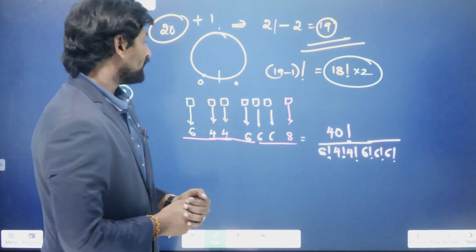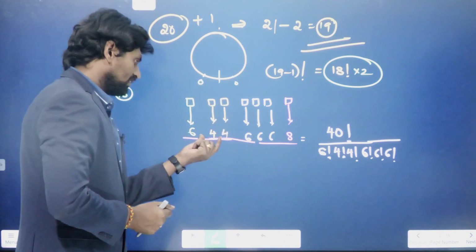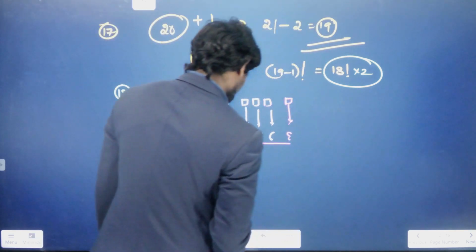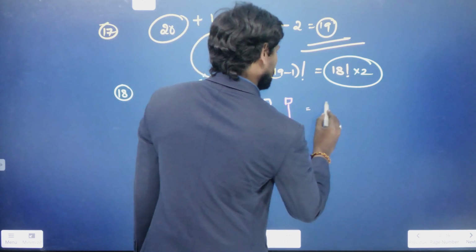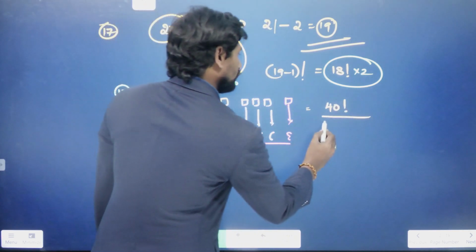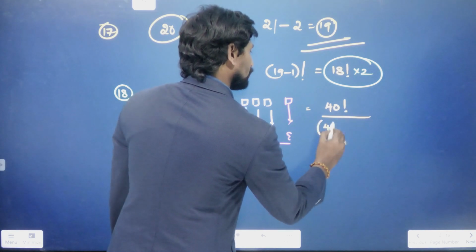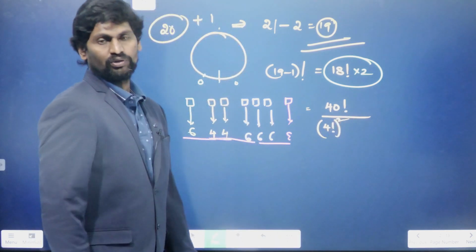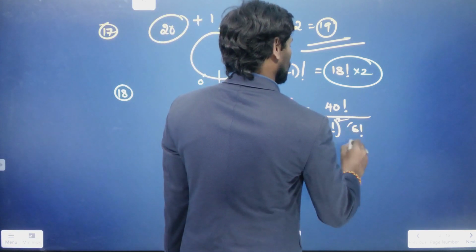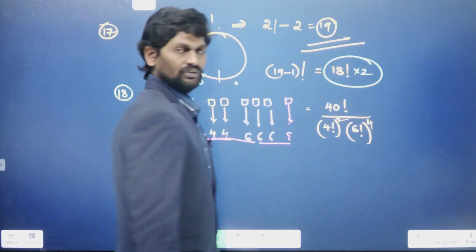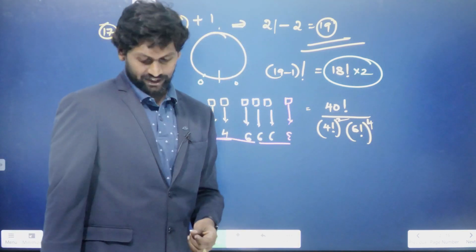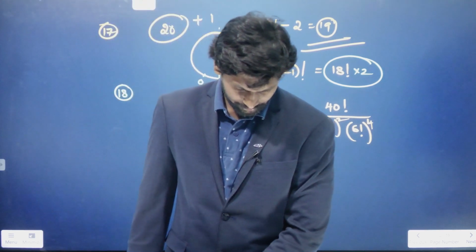In that, what are repeated? These 4s are repeated and these 6s are repeated. So we take 40 factorial divided by 4 factorial twice, which is 4 factorial squared. Same with 6 factorial, which appears 4 times, so 6 factorial to the power 4.